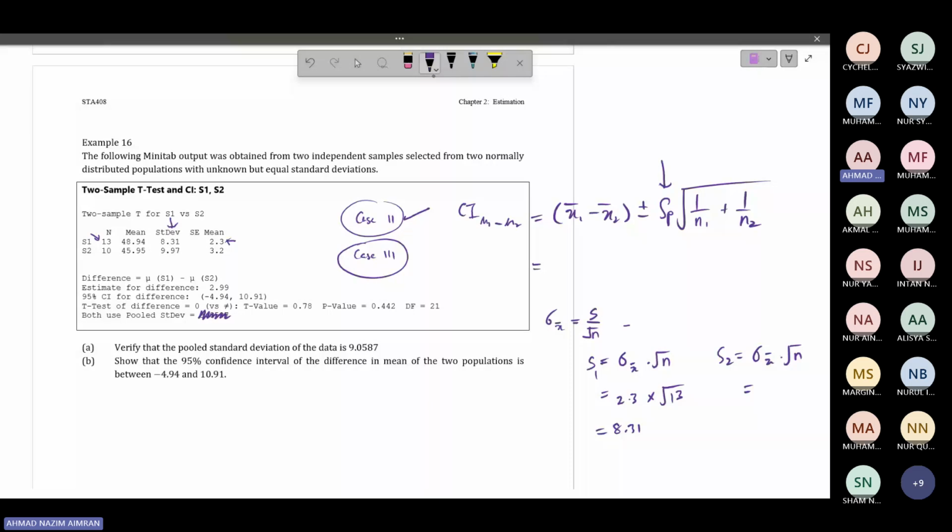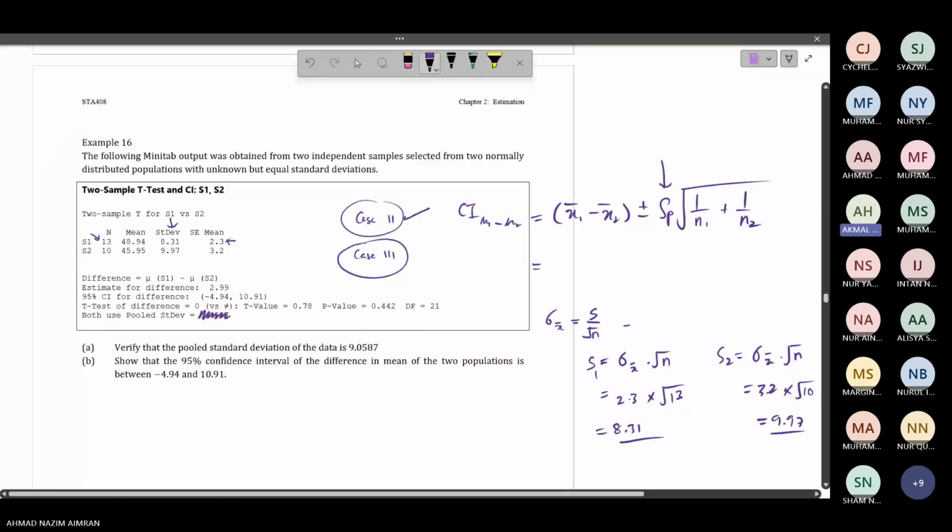Standard error mean untuk yang kedua 3.2 times square root of 10. You should get the value is equal to 9.97, right? Sama tak? Dia ada plus minus.